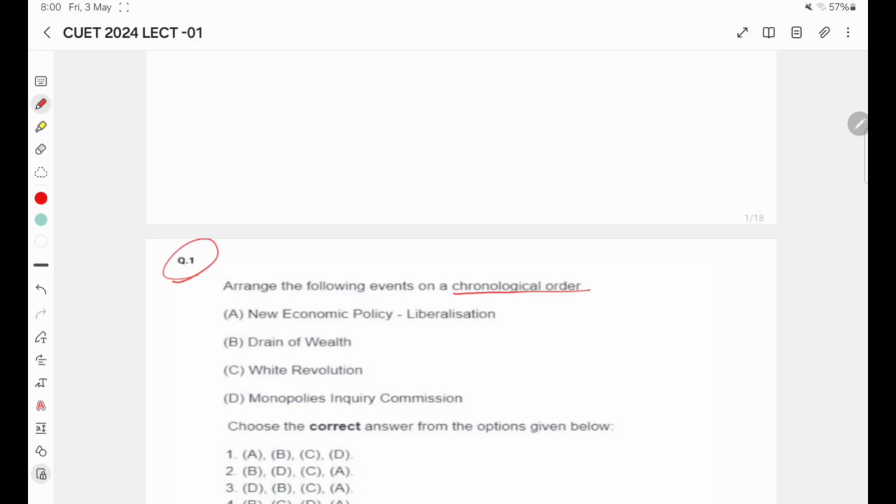In the options it is given the new economic policy, that we all are aware about, the new economic policy or the LPG principle that was introduced in the year 1991, and we also know the famous drain of wealth theory that was given by Dadabhai Naoroji. In his famous book, written by analyzing the exploitations made by the British East India Company in India, that is Poverty and Un-British Rule in India, that was published in the year 1867, and in that book he has clearly mentioned how the drain of wealth has happened in India.